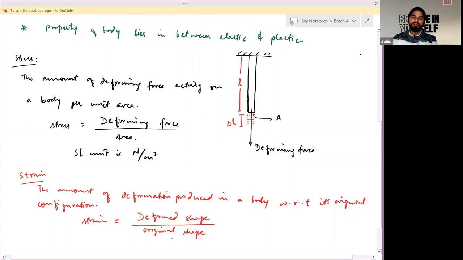As both have the same unit, strain is a unitless quantity. Is it clear?